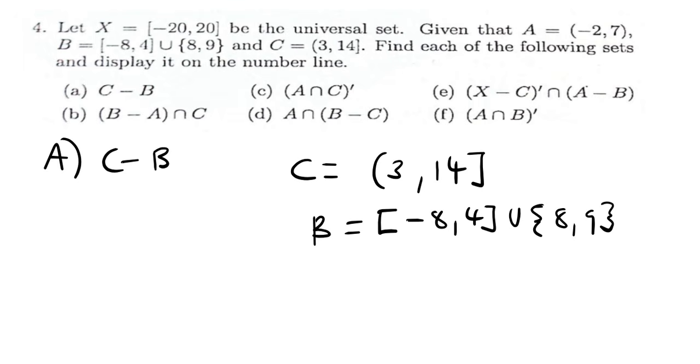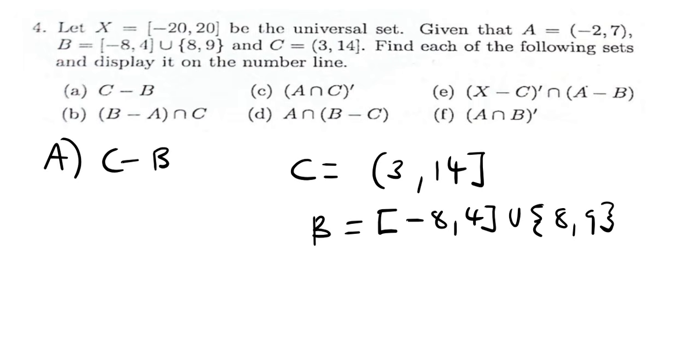C starts at 3, and 3 is not included, to 14. B is negative 8 to 4, which overlaps with C at a certain point. B also has 8 and 9. These ones are in C, so we're supposed to remove them.